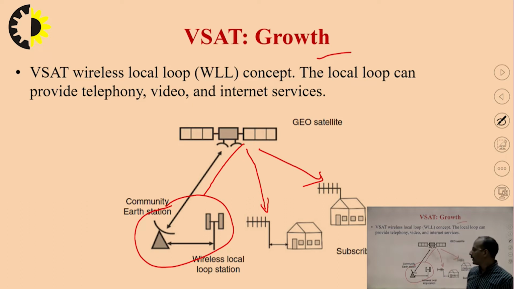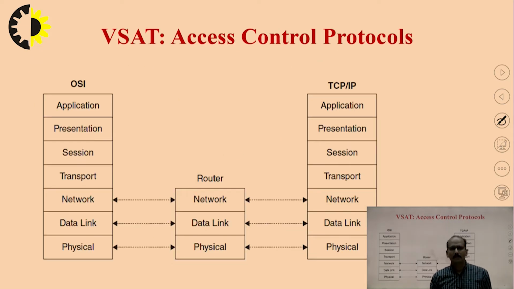Means you are creating a community earth station, and that is going to give access to the various users or subscribers. So that is basically the theory behind the growth of the VSAT.